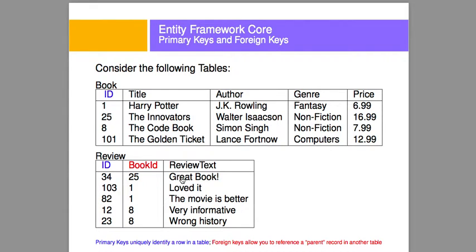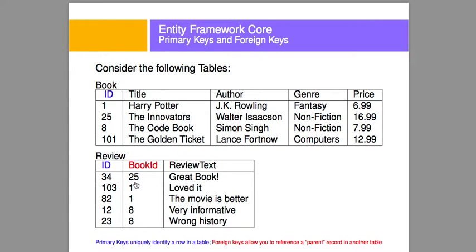Now, these reviews have to be tied to some book. That's why next to the review text in the table review, we have the book ID. So then we can say, oh, book 25 has one review that has the text Great Book. Book 25 is The Innovators, from Walter Isaacson. Here we have 2 reviews for book number 1, and book number 1 is Harry Potter. That's how you know that the reviews are about this book.